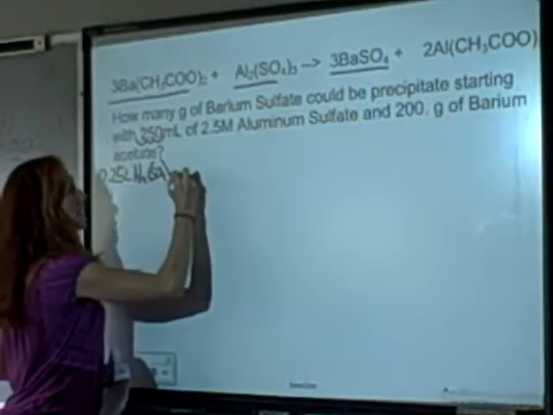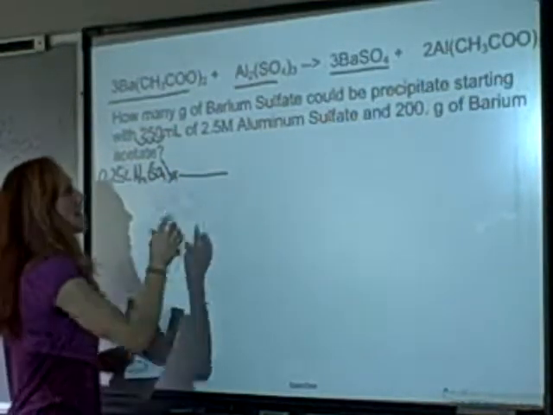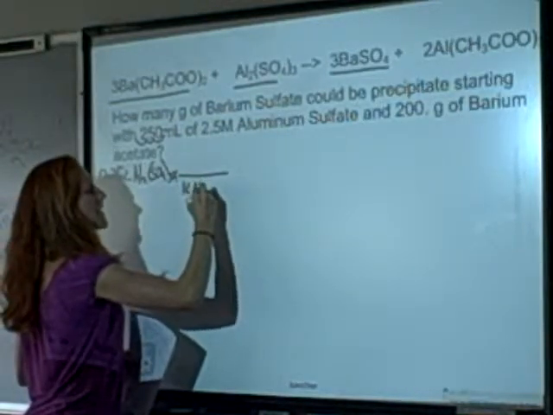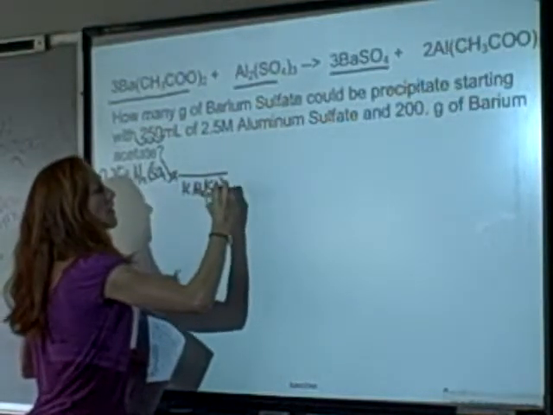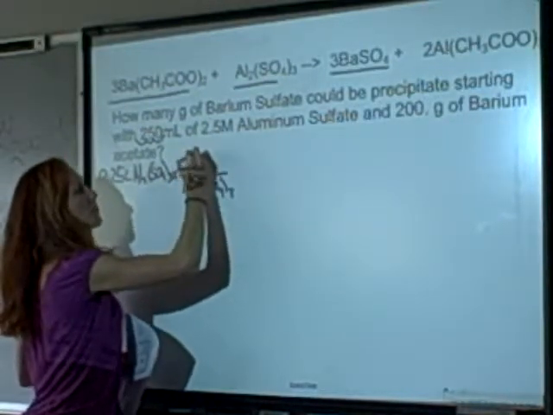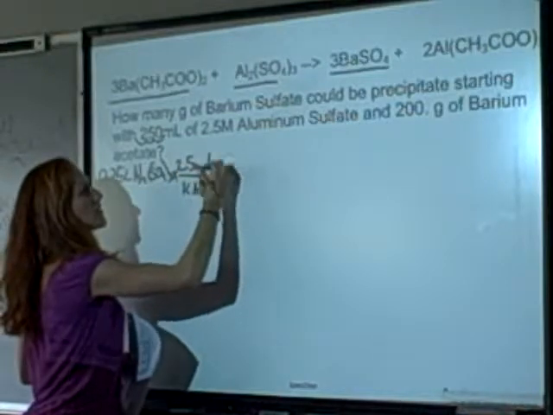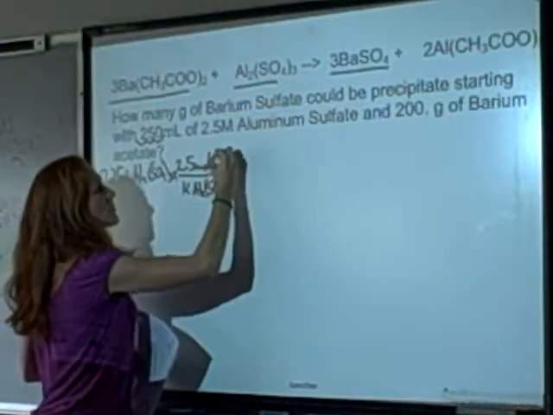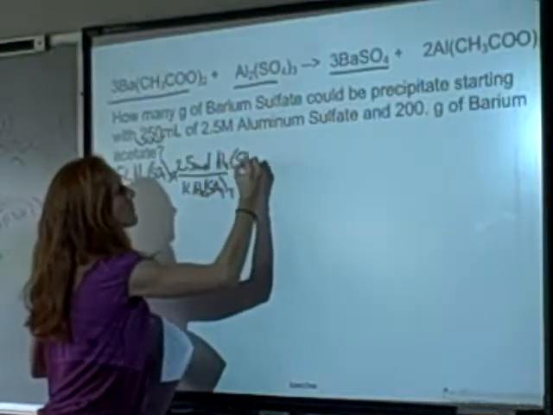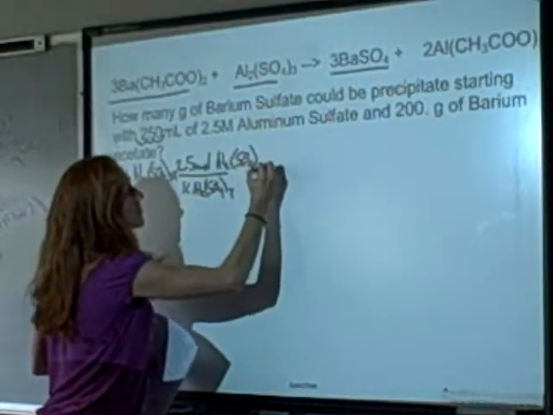Okay, so that's how many liters of aluminum sulfate I have. And this molarity tells me that for every 1 liter of aluminum sulfate, there are 2.5 moles. That's what 2.5 molar means. It means 2.5 moles for every 1 liter. So 2.5 moles of aluminum sulfate. Sulfate is SO4, and has that 2- charge.